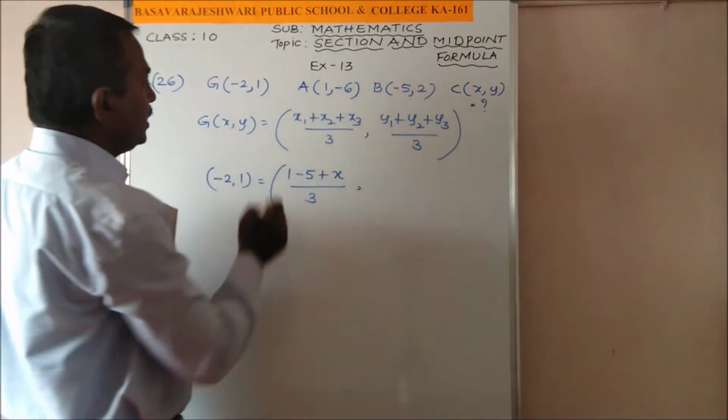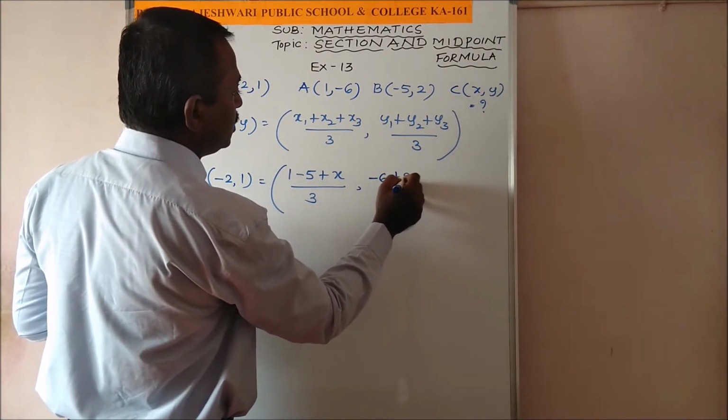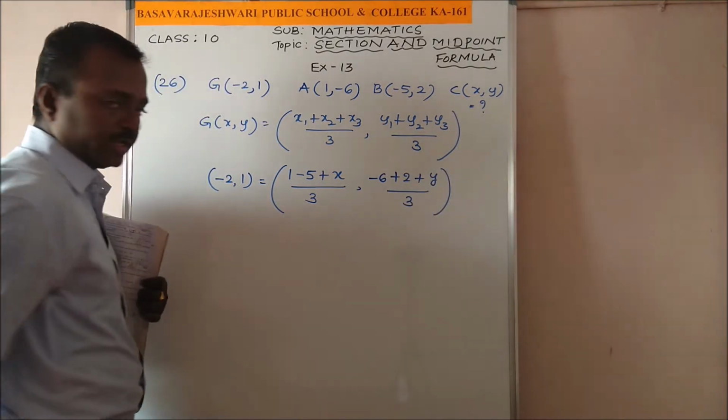Next, y1 is -6, plus y2 is 2, plus y, we don't know because this is the third vertex.